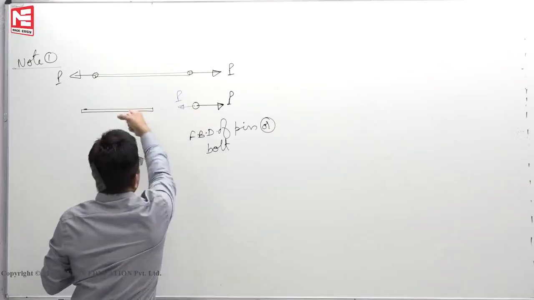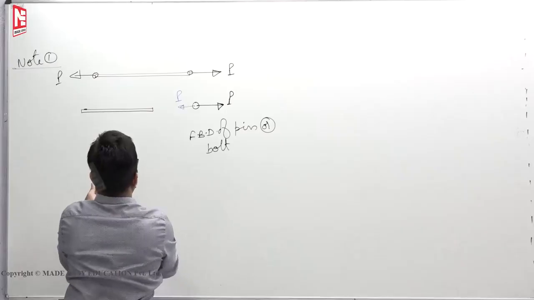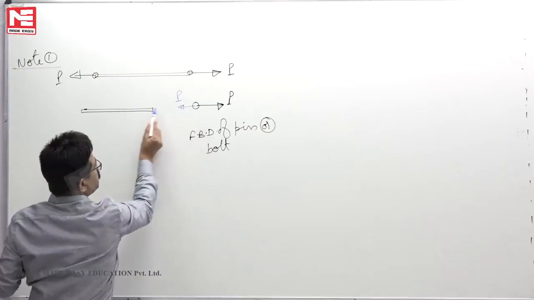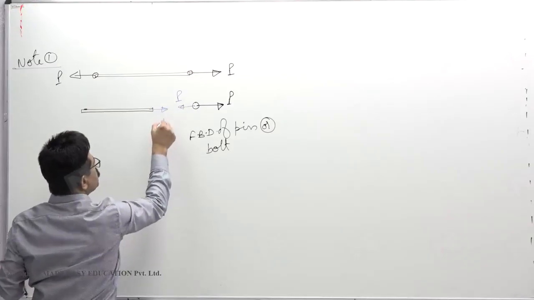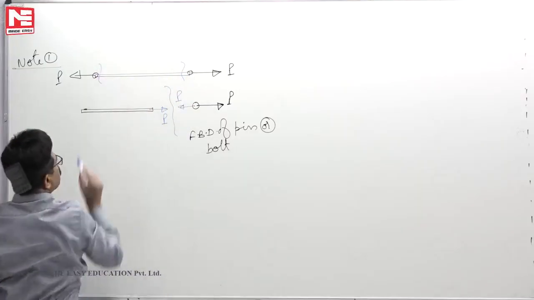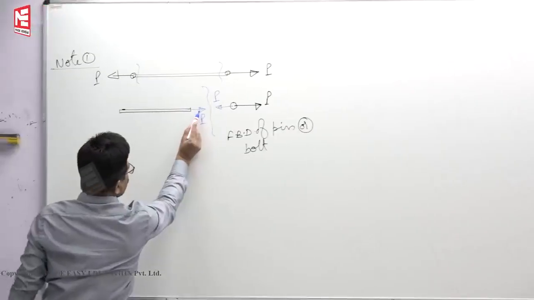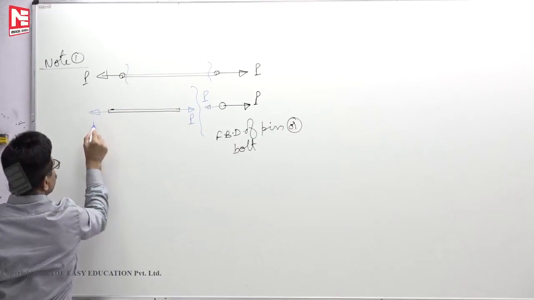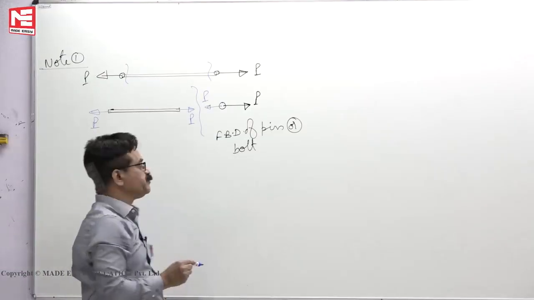This pin is pulling this member with this much force P. If the member is pulling this pin with a force P, in return this pin will pull this member with a force P. So cut here, cut here. Now to balance this P, at this point this pin must pull it with a force P. Otherwise the member will not be in equilibrium.